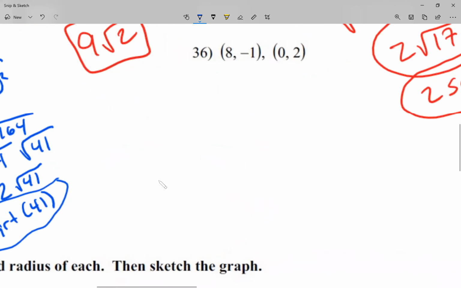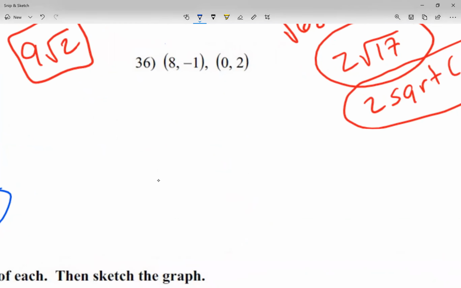All right, let's take a look at number 36. I'm going to call this x1, y1. Again, that's from my first point. And then x2, y2, that's the x and the y value of my second point. My first parentheses, the second x minus the first x, right? x2 minus x1.